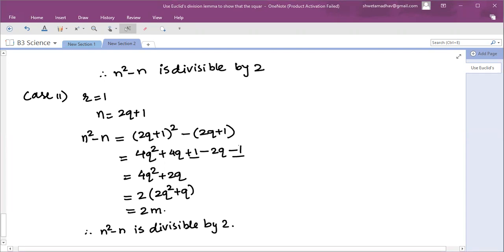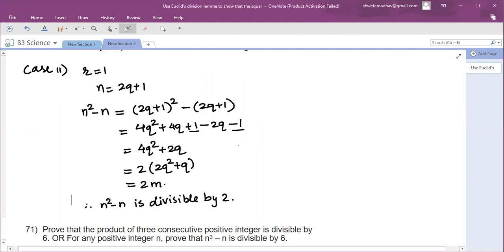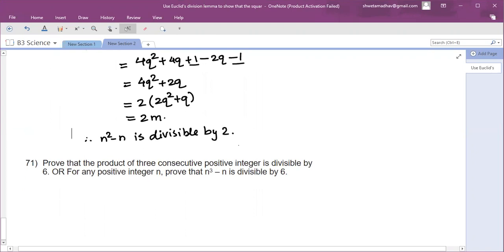Jay, Joseph, Lakshya, are you able to understand? Yes, ma'am. Completed? 69 completed? 70 is the same as 66, so I'm not solving it. We'll solve only the first part of 70 and leave the second part. We'll do that afterwards. You can solve that easily.